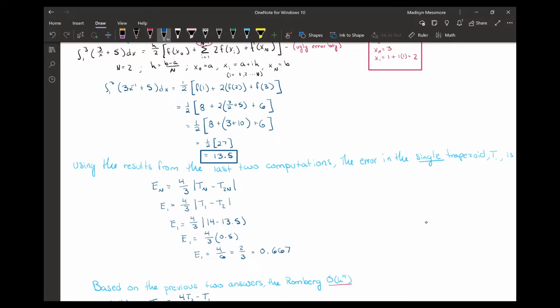We'll round it off to 0.67. Ta-da! And that's pretty much exactly how you're going to be asked that section of questions.